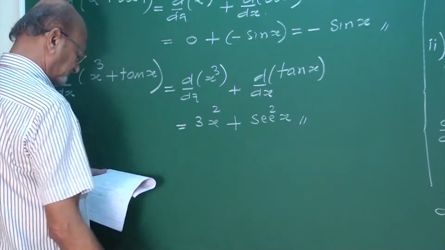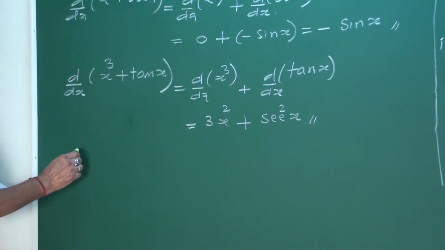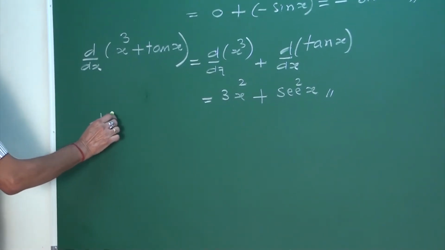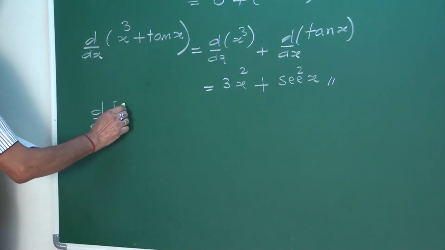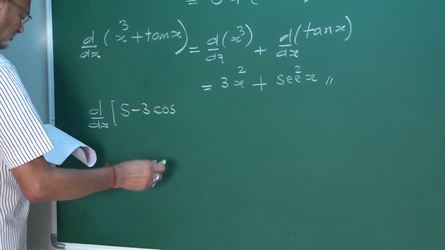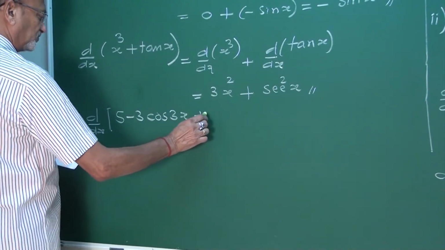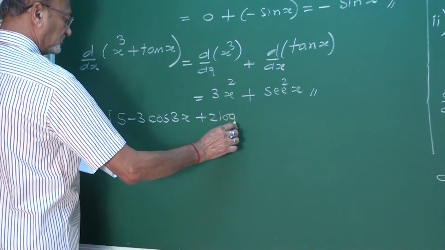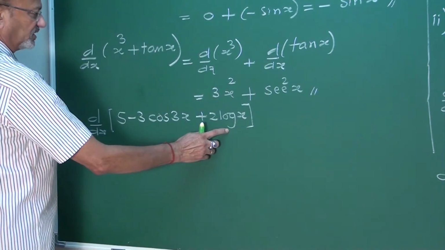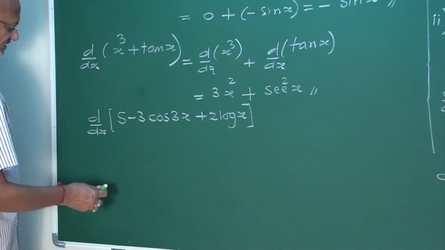Yes, friend. Next. D by dx of 5 minus 3 cos 3x plus 2 log x. When the base is not written, understood, my friends, base is e. Right, separate.